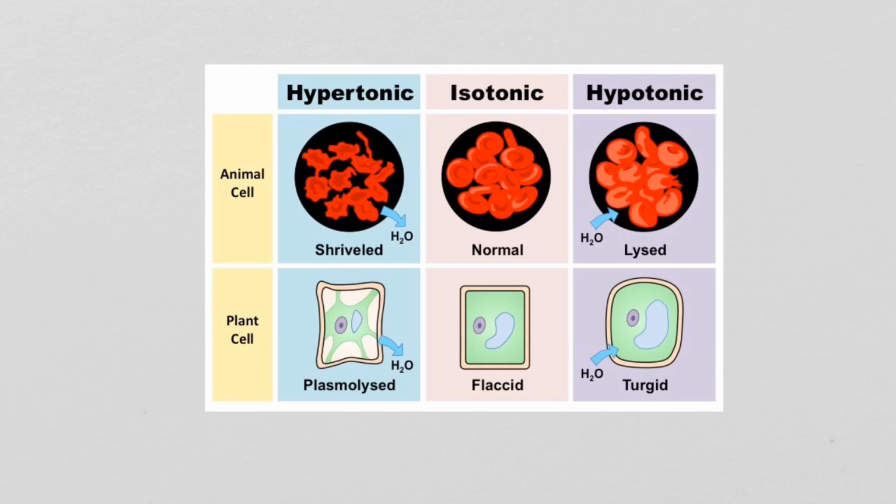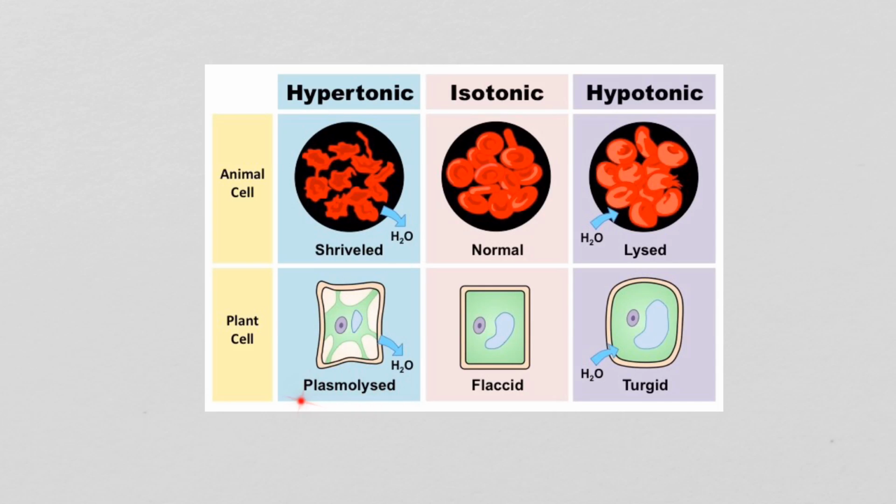And so inside of here, where you see this green stuff, that is going to be the cell membrane of the plant cell. So in a hypertonic, just like an animal, that cell membrane is going to shrivel and shrink. And so that's what you're seeing here: in a hypertonic, the same thing's going to happen. It's going to shrivel and shrink.